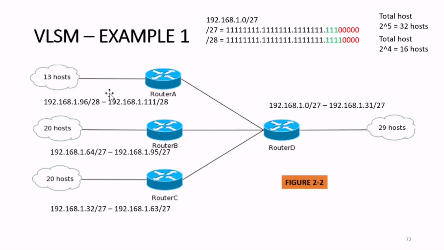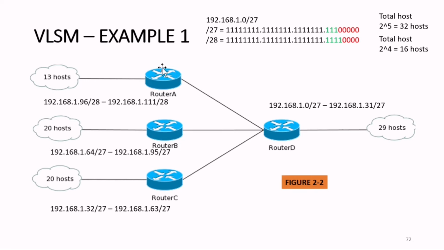And for this entire network, we need also to assign an IP address for this connection, because this connection has two interfaces, router D interface and router A interface, and all of these connections or cables need IP addresses assigned.